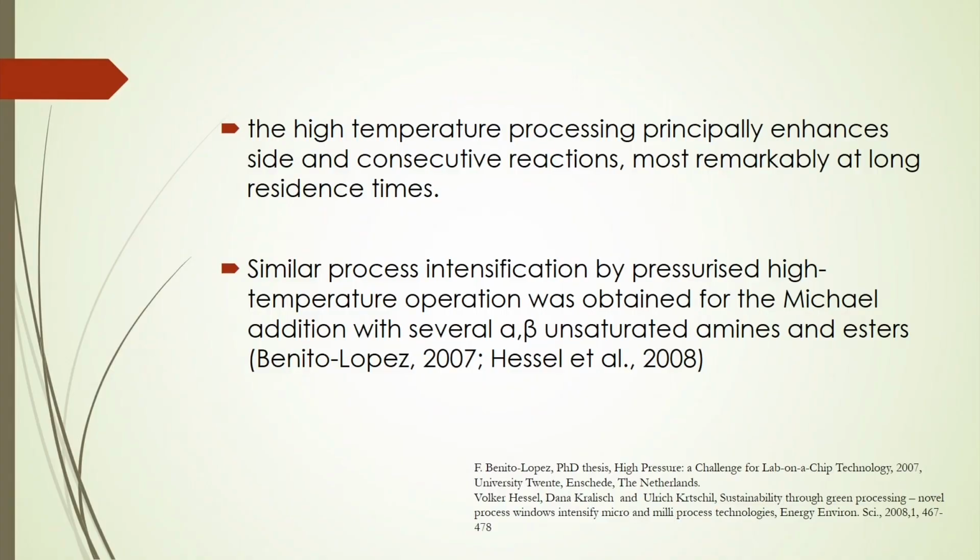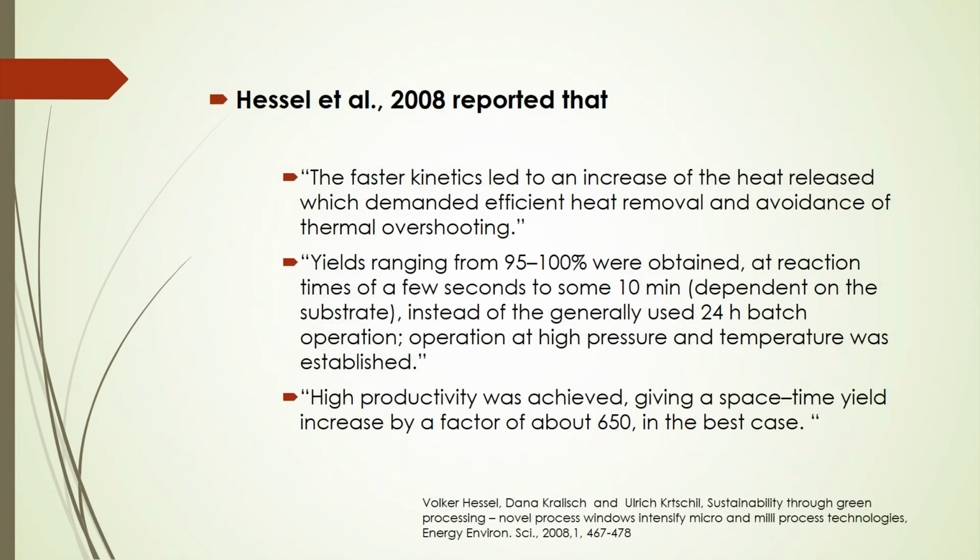So, they have reported that this process intensification by pressurized high temperature operation can be obtained for the Michael addition with several alpha beta unsaturated amines. So, this is the direction of process intensification for reactions at high pressure and high temperature.